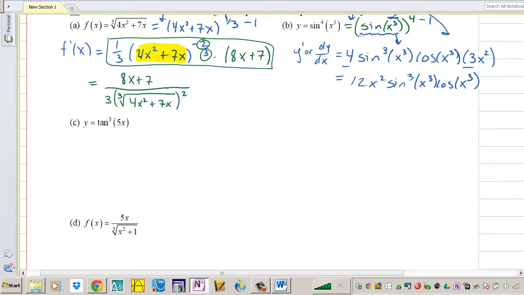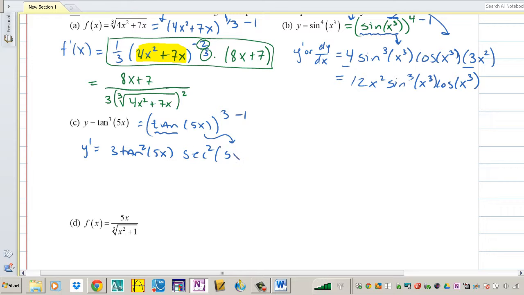Another very similar problem, like letter B, we have tangent of 5x cubed. Y prime is 3 tangent 5x. Take 1 away from 3 and that becomes squared. Take the derivative of tangent and that is secant squared.